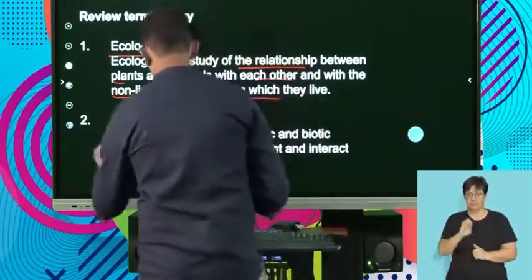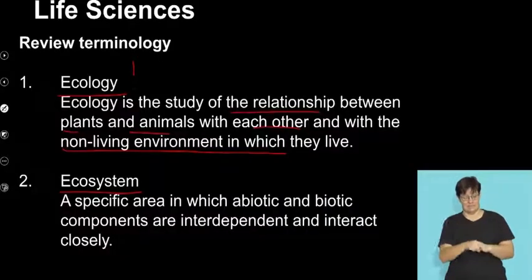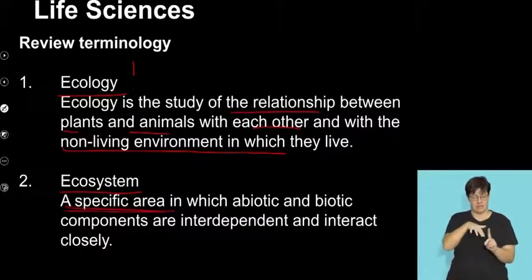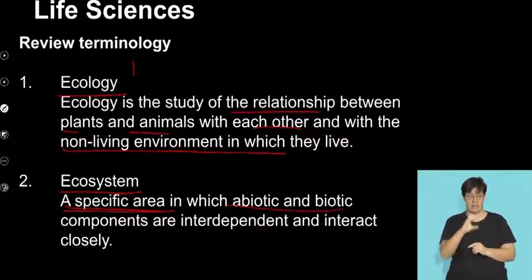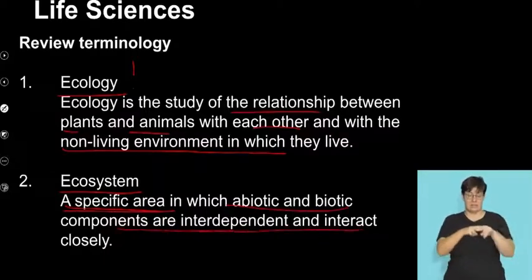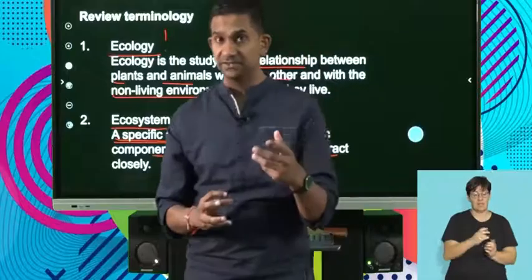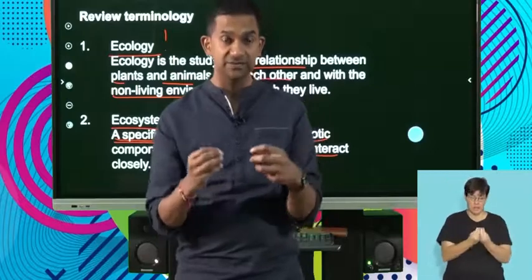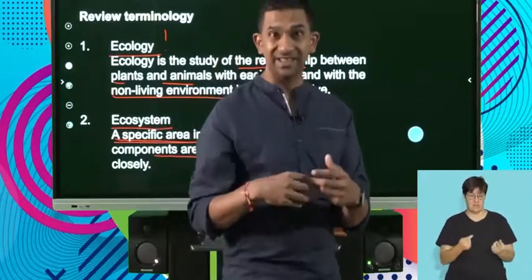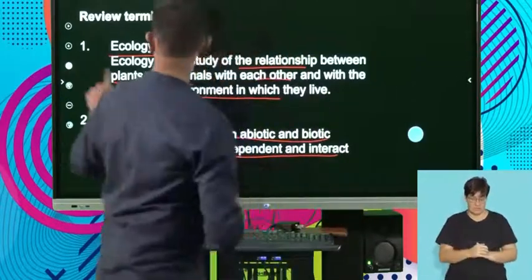When we talk of the term ecosystems, we're referring to a specific area in which the abiotic and the biotic components interact with each other and are interdependent. This is important in that we're looking at how the biotic factors and the abiotic factors collectively function with each other and with their environment.